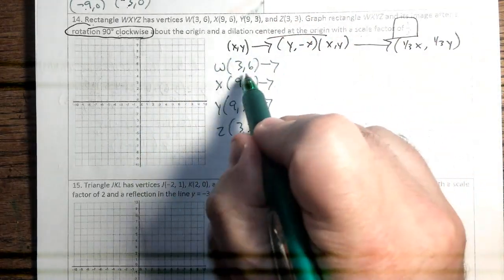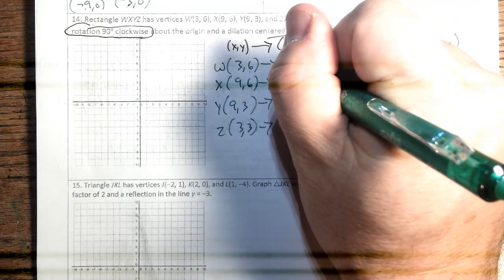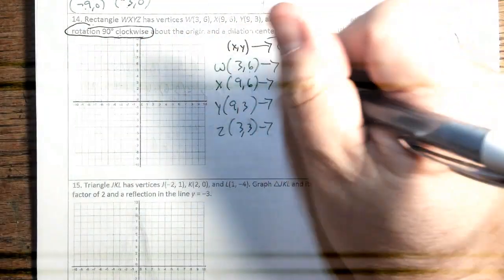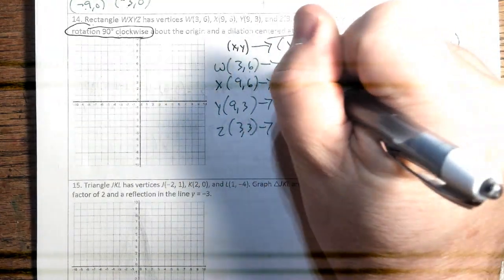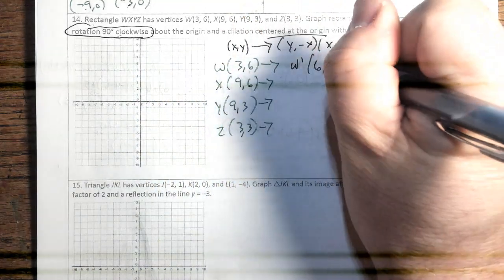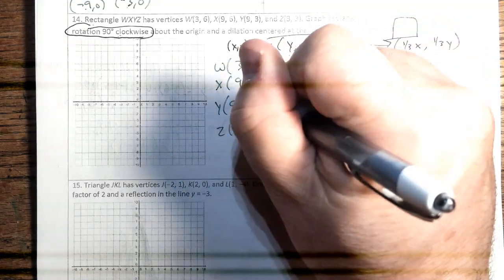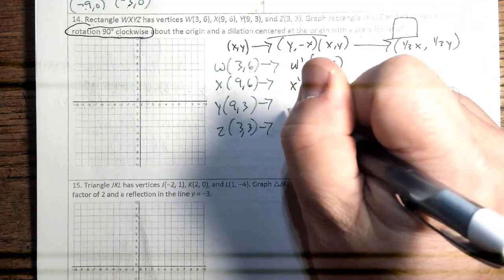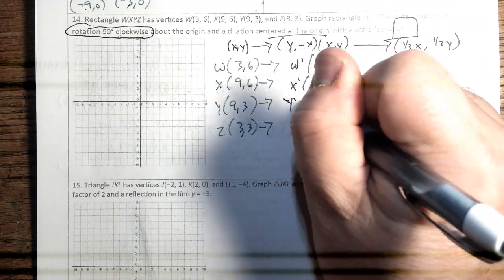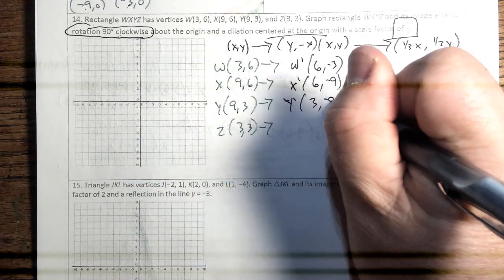All right, so y comes up front. This is going to be W prime. So the y goes up front and the x becomes negative, so -3. For X, the y comes up front, and the x becomes negative x. For Y, the y goes up front, and the negative x.